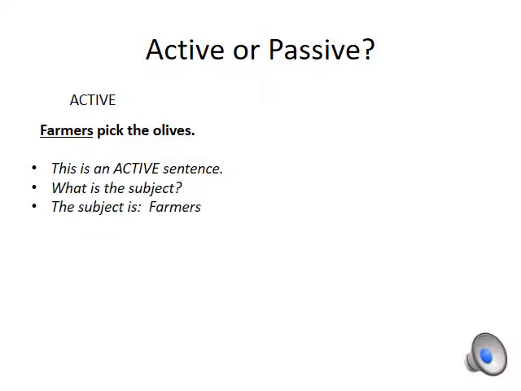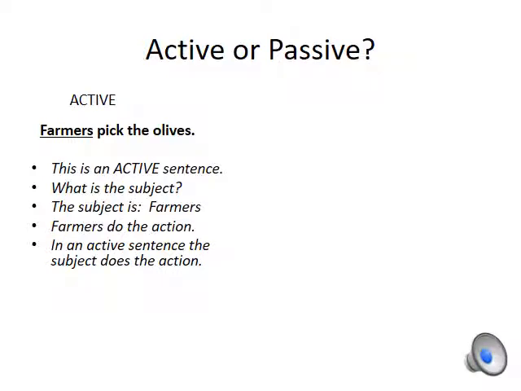What is the subject? The subject is farmers. Farmers do the action. In an active sentence, the subject does the action. Farmers pick the olives. Most sentences are active, but some are passive.